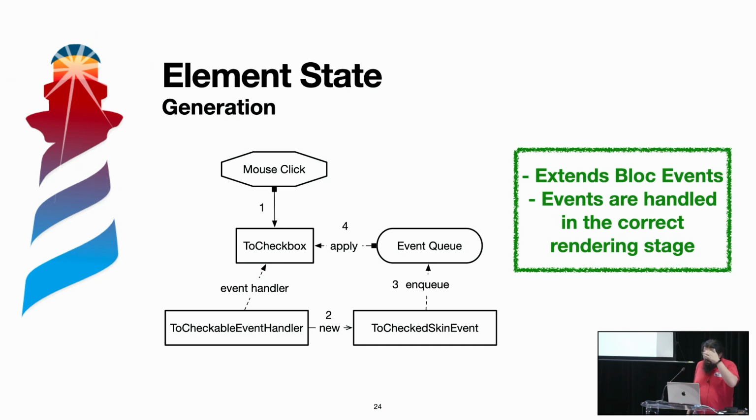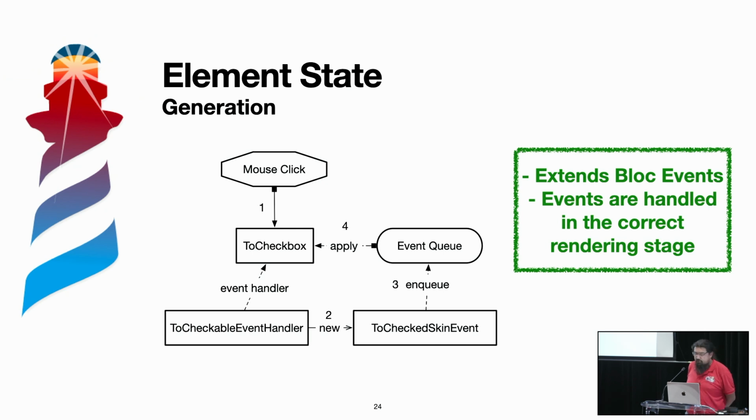Basically, when we generate an event that is grabbed by Bloc, this event will be handled by the event handler and will create a new event, in this case a mouse click. It will generate an event, and all these events are pushed in an event queue.